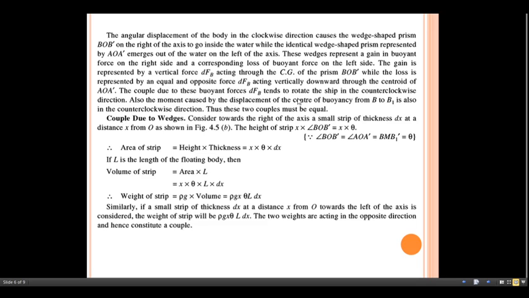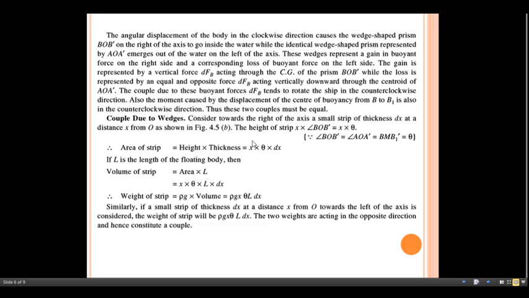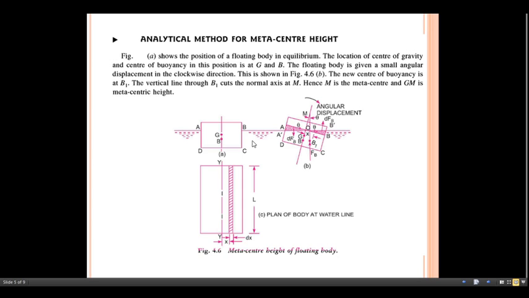Also, the moment caused by the displacement of buoyancy from B to B1 acts in the counterclockwise direction.